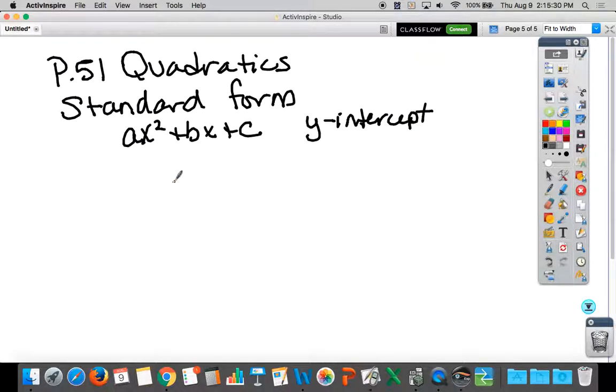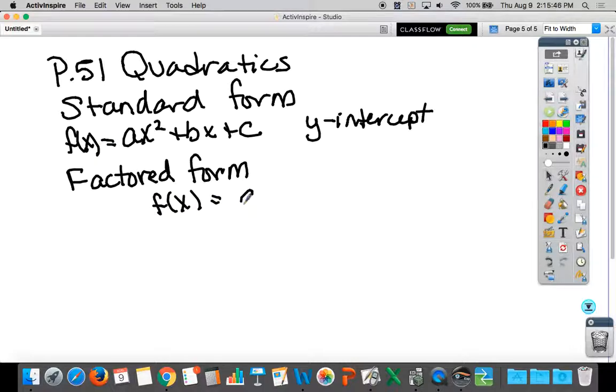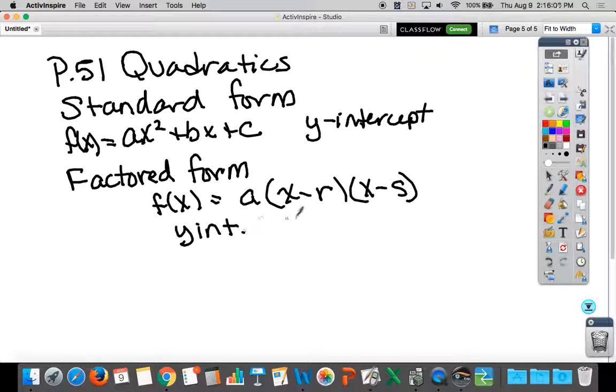We've also had the factored form, which is, let me just do f of x right here, a times parentheses x minus r, x minus s. And I can get the y-intercepts from this. I can also get the x-intercepts from this.